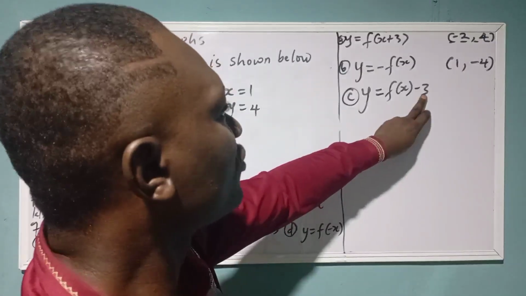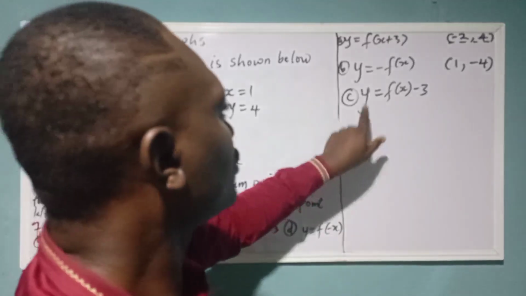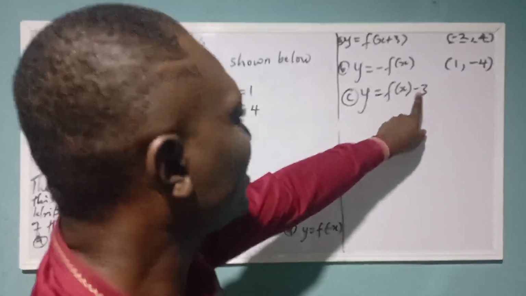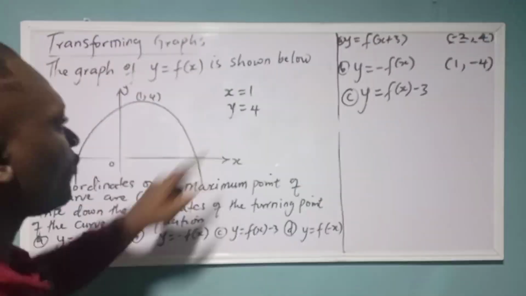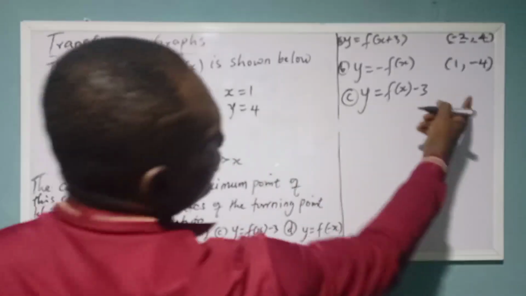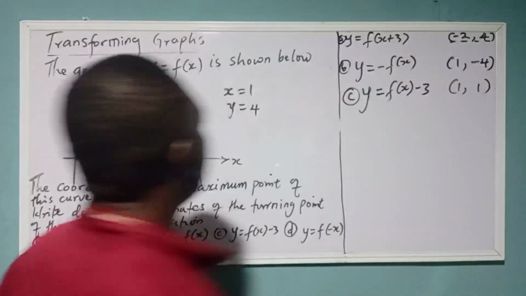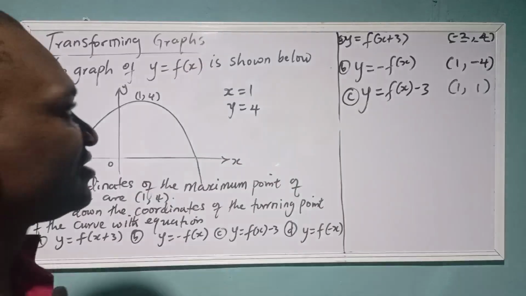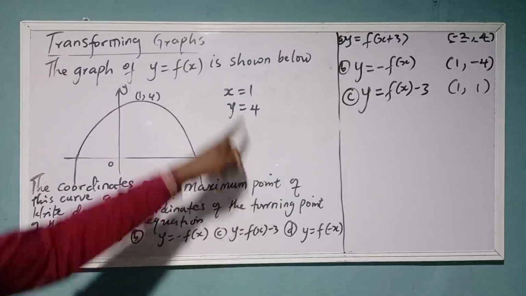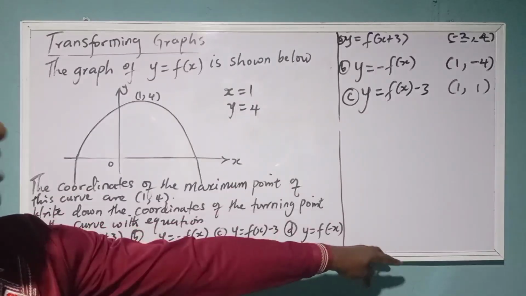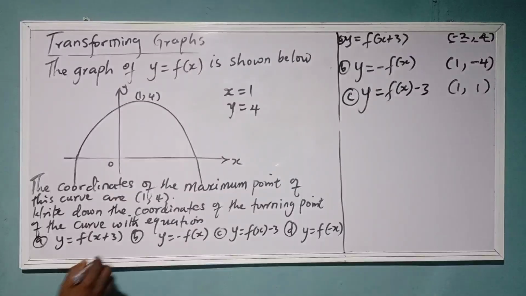Therefore, it is going to affect only the value of y. So what it means is we are taking away 3 from the value of y. So 4 minus 3 will give you 1. Hence, the coordinate is 1, 1, because x is not affected, so it remains the same. Don't worry, I'm going to give you one where x will be affected and y will be affected as well. I will just add it as a bonus question.